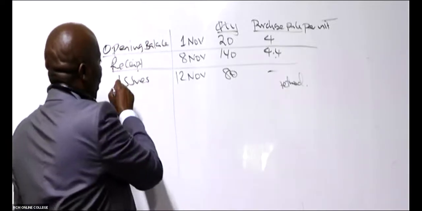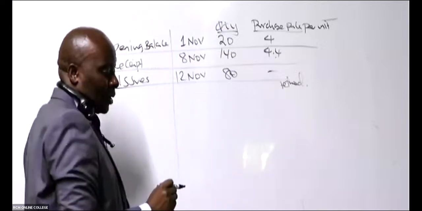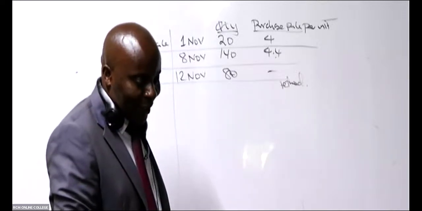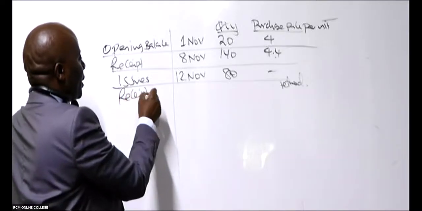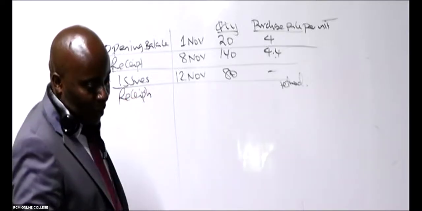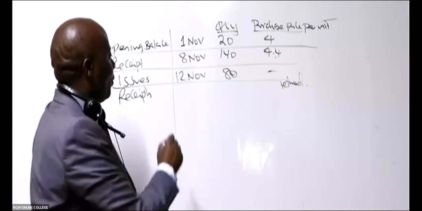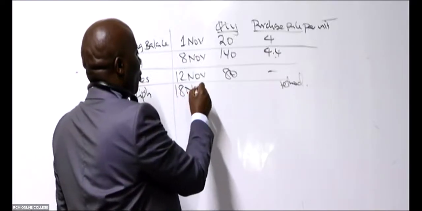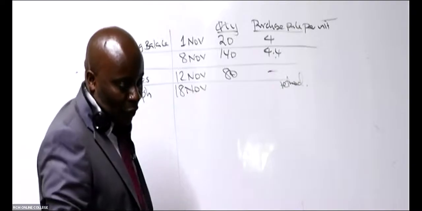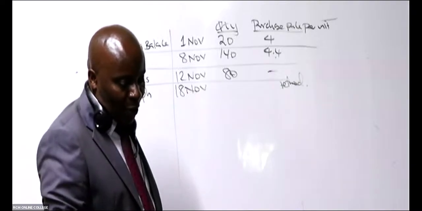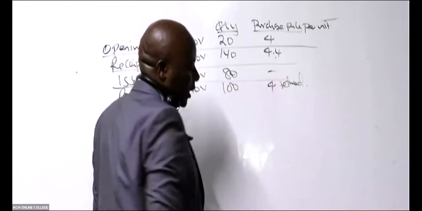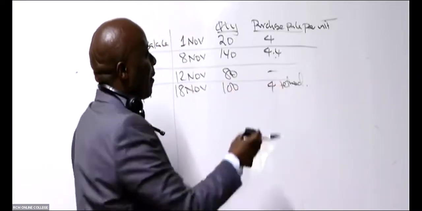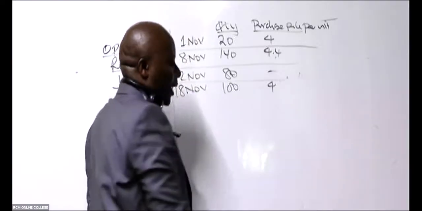We go to the next one. Ladies and gentlemen, what do we have over here? Receipts. I can see 18th November. On this 18th November, we have how many units? 100. And because we received, we are procuring, and the figure is 4.6.